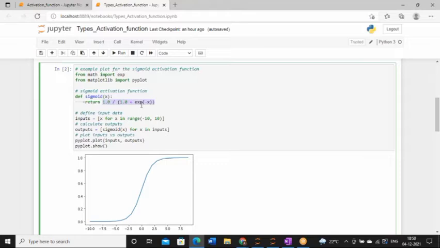This function takes any real value as input and the output values range between 0 and 1.